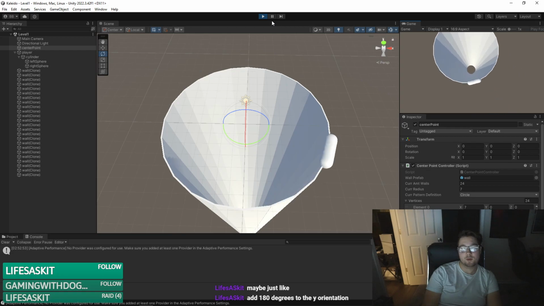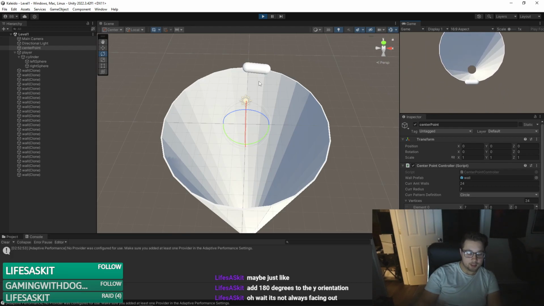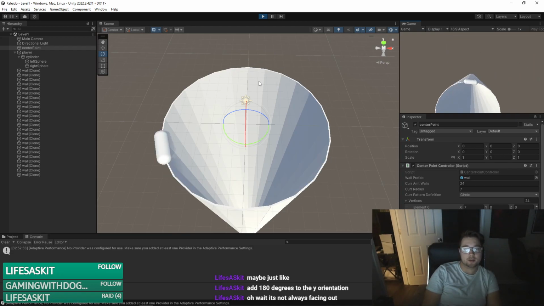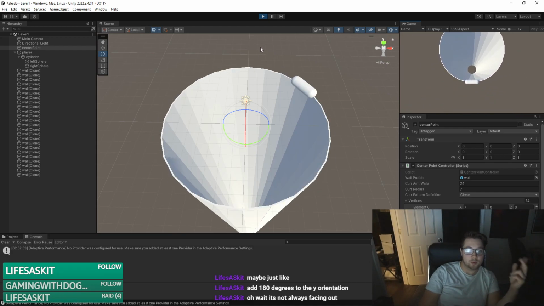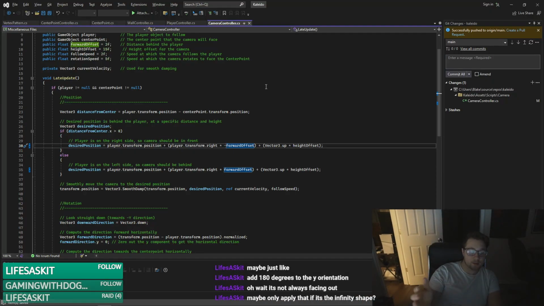So this is why we couldn't do it that way, because now the second we pass up here, along this line, it flips. And that's why we were doing it. Yeah, it's not always face. The fix that we implemented was too simple, and there was a reason I wasn't doing it that way, because it's not as simple as, is it on the left, is it on the right?